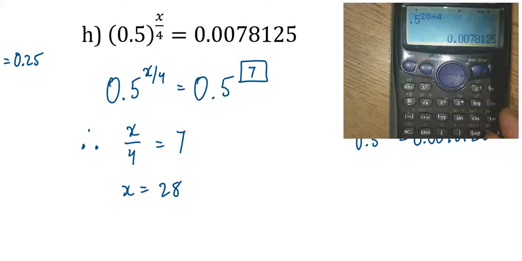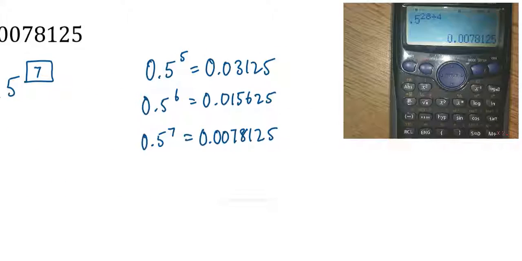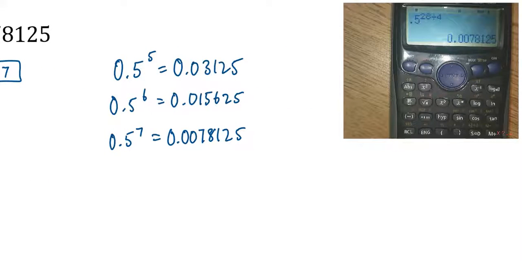I don't think there's any today, but there will be a rare occasion where you won't get an exact answer. And what we'll actually have to do is try a few, and we'll actually write them out like this and just pick the one that's closest. Okay? And what about 0.5 to the exponent 5.5?